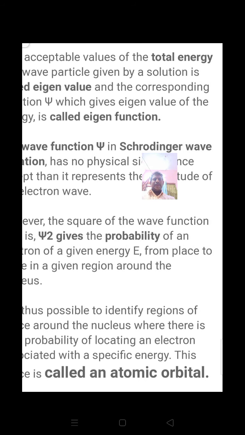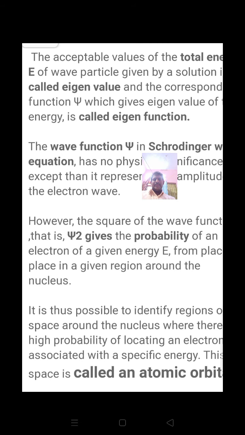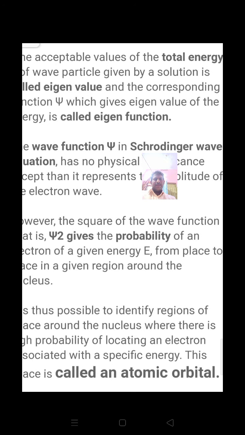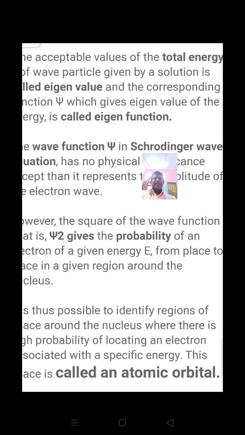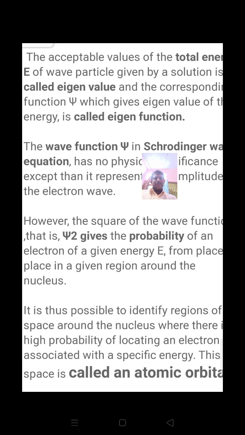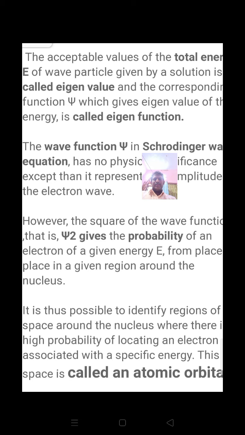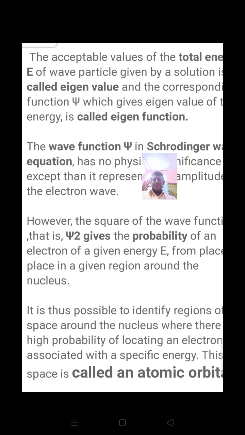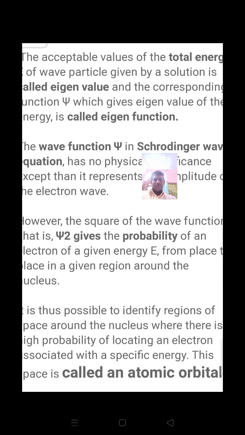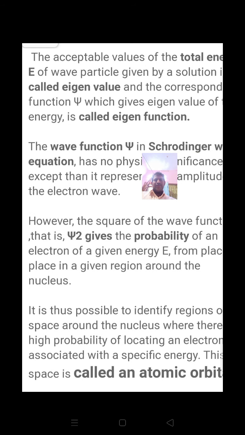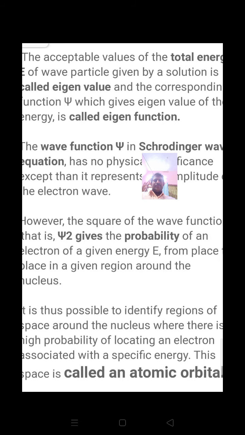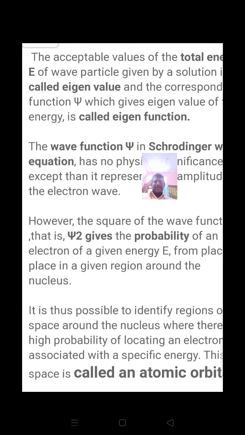The acceptable values of the total energy E of a wave particle given by a solution are called eigenvalues. The corresponding wave function psi, which gives the eigenvalue of the energy, is called the eigenfunction.